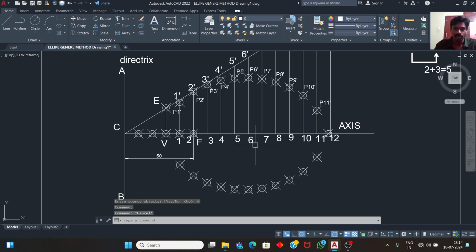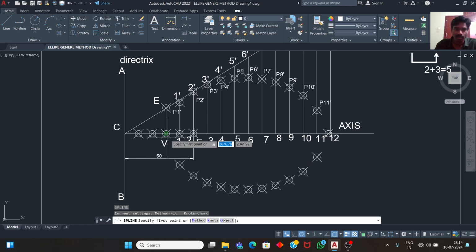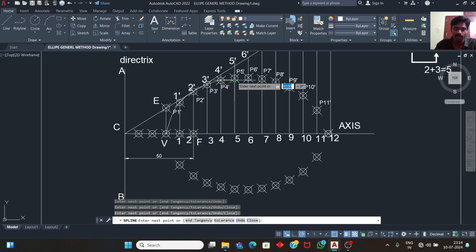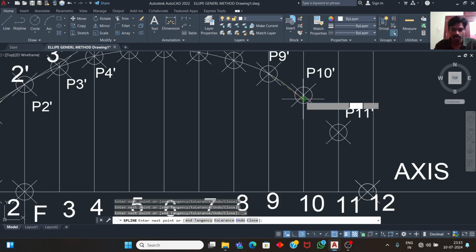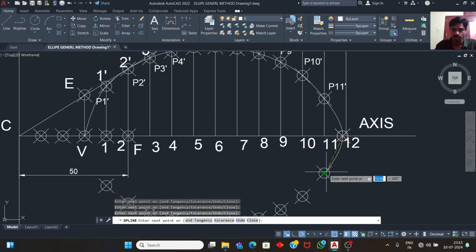Now we are going to join these points with the help of the spline command. The shortcut is SPL, spline. From the vertex, I am starting: point 1, point 2, point 3, point 4, 5, 6, 7, 8, 9, 10, 11, and 12.